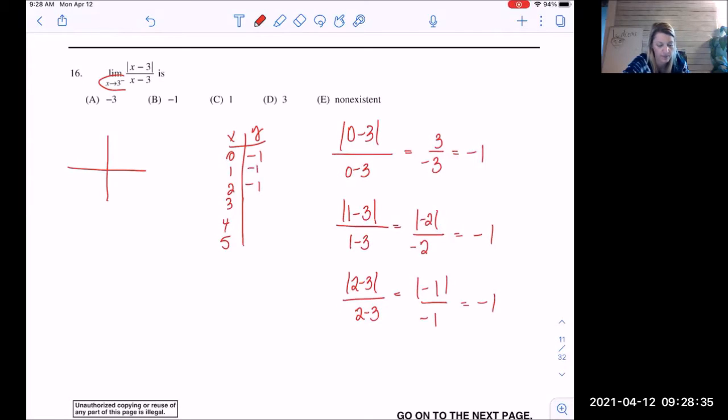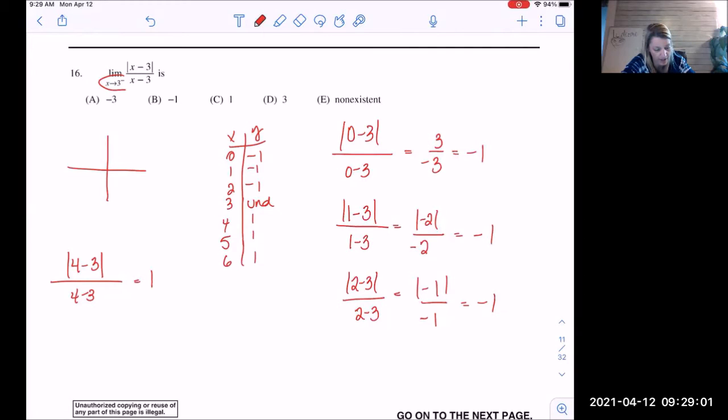When we get to 3, we're undefined. But now when we go bigger than 3, like 4, we get 4 minus 3 over 4 minus 3. That's going to be positive 1. And then we get 5 minus 3 over 5 minus 3, positive 1. And then 6 minus 3 over 6 minus 3, positive 1.